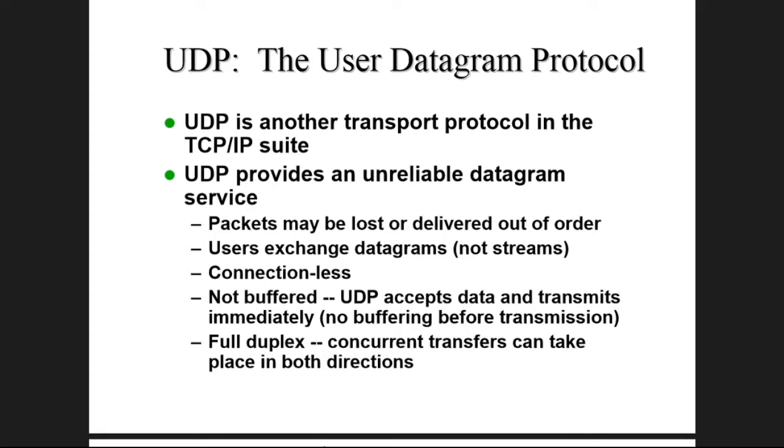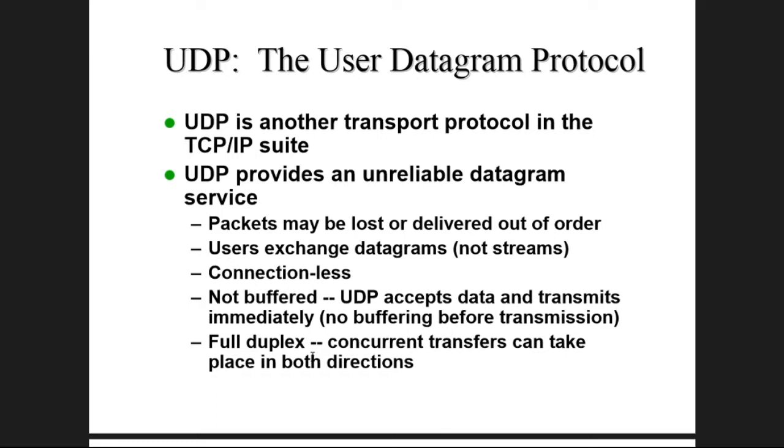So what does reliable mean? It means that packets may be lost or delivered out of order. One thing you can remember is that in the transport layer all the data is divided into different segments.